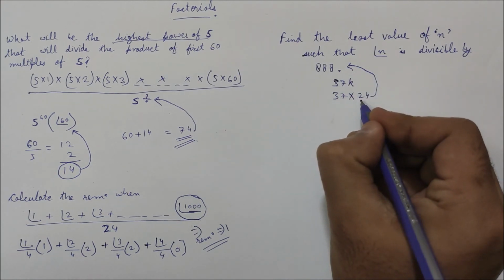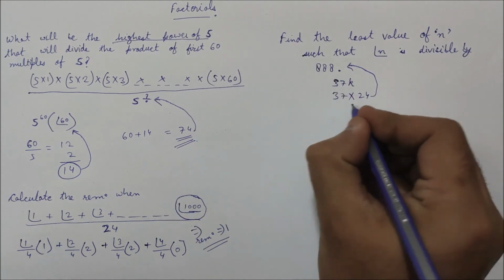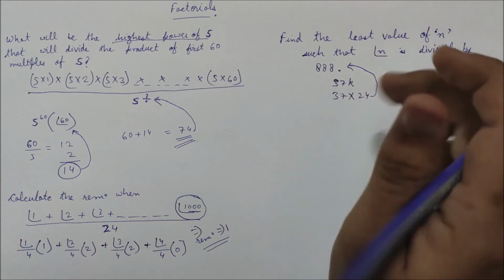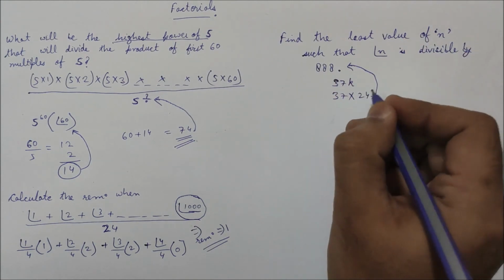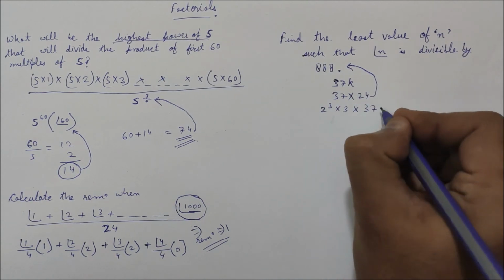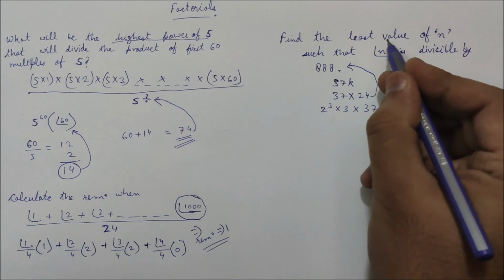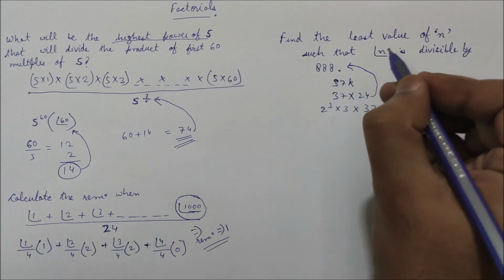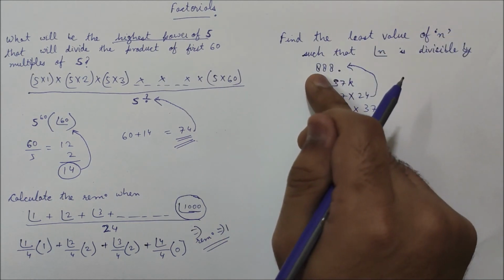If I prime factorize it, 24 can be written as 2 cube into 3, and 37 as it is, since it's a prime number. I want to find the least value of n such that factorial of n is divisible by 888.